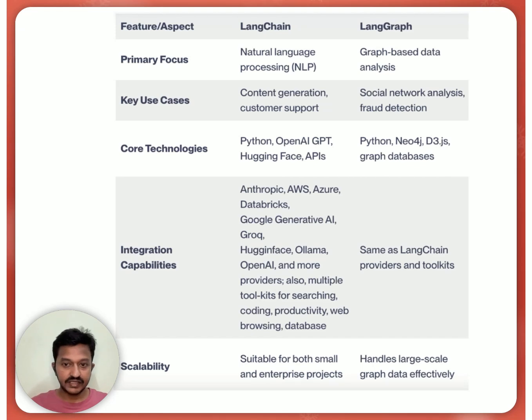Since it's a part of LangChain, it has almost the same integration capabilities. And when it comes to scalability, LangChain is suitable for both small and enterprise projects, whereas LangGraph handles large-scale graph data effectively. That is where LangGraph shines. So hope you understood the differences between LangChain and LangGraph through this slide.